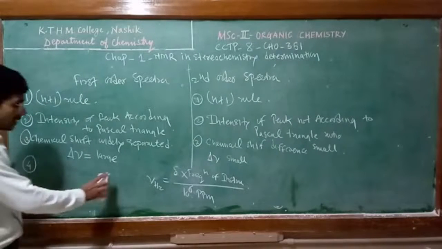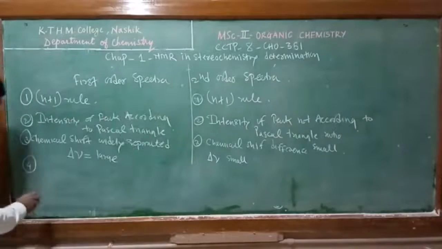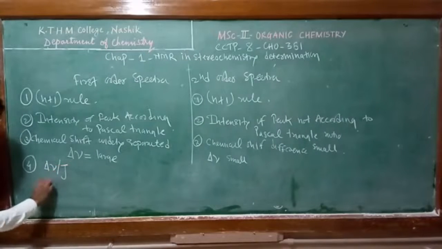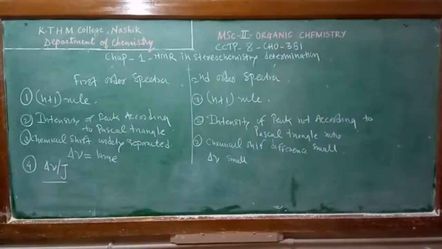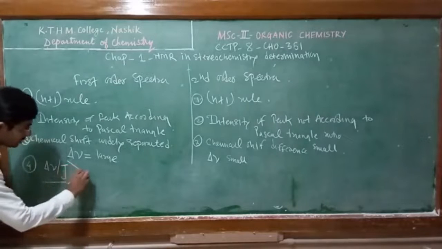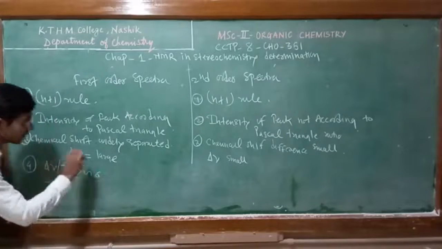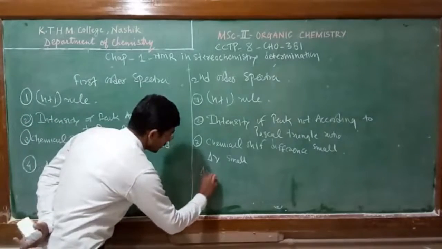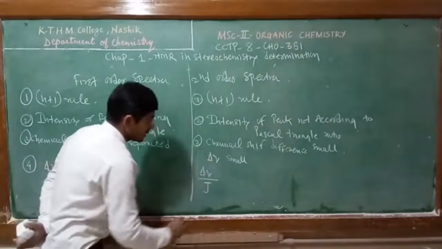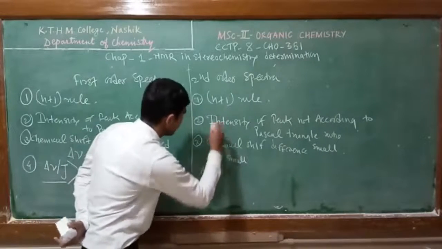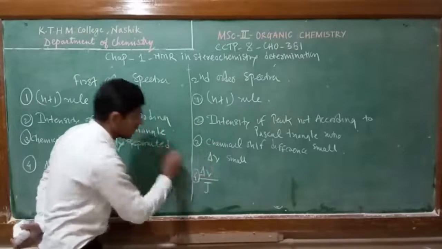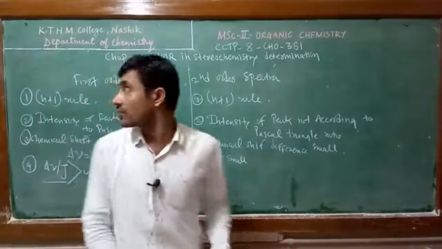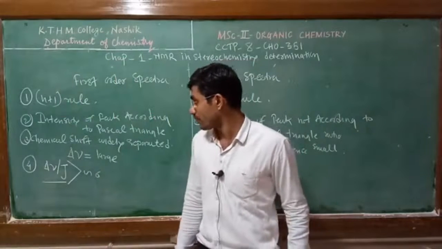So the next difference is this ratio, delta nu by J. It is nearly greater than 6 in first order spectra, and when delta nu by J approaches unity, that time we observe the second order spectra. By this way we can differentiate first order and second order spectra.